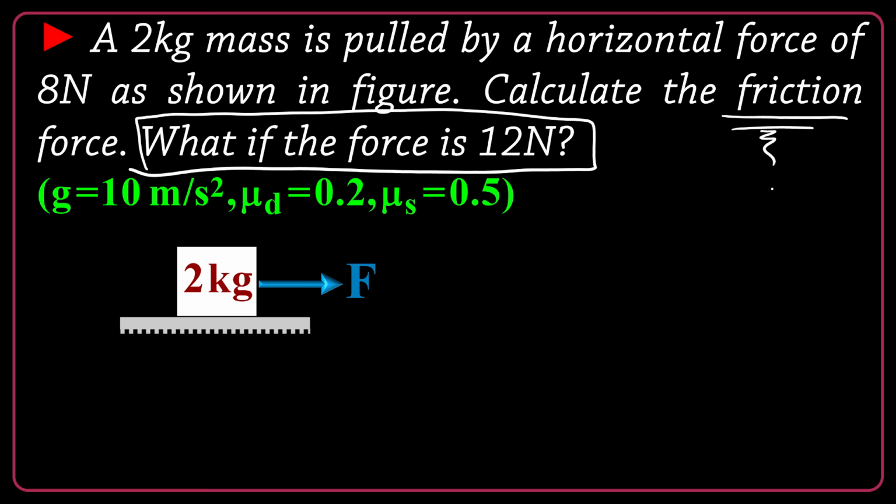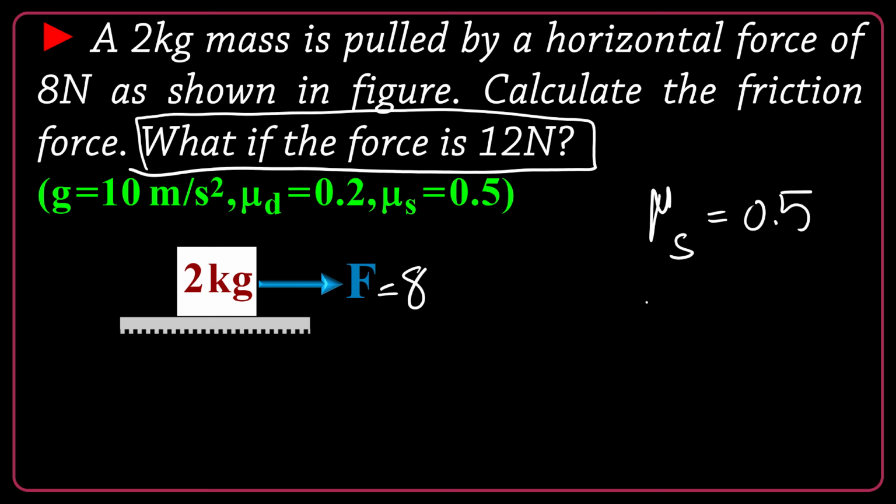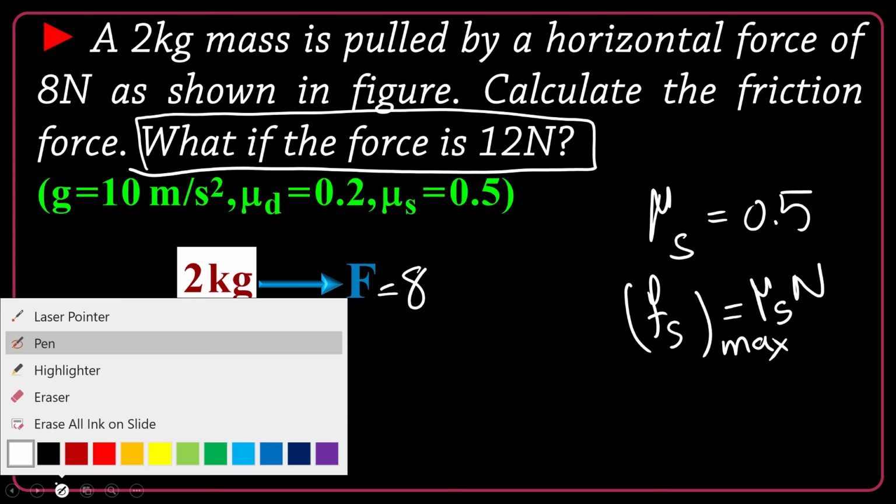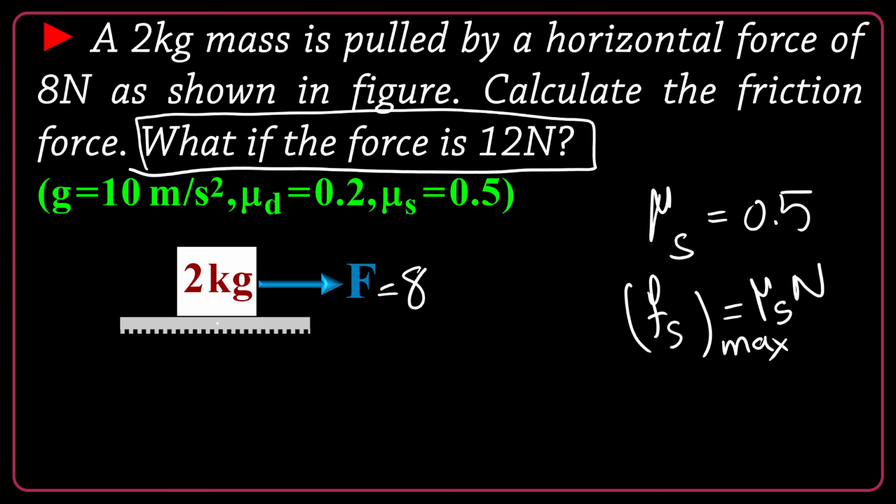First of all, let's calculate the friction in this case when F is 8. Here I don't know if the object may move or may be at rest. I have mu(s), which is 0.5 here. So the maximum static friction is going to be mu(s) times N. But N is expected to be equal to mg.